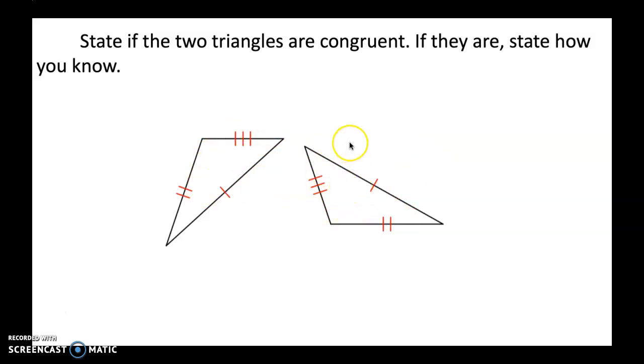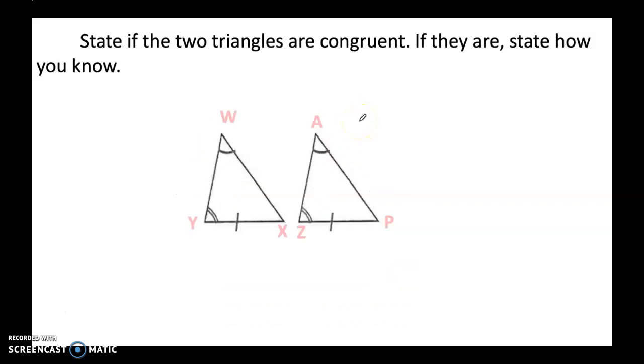Therefore, the two triangles are congruent using the SSS postulate. Next, we have two angles and a non-included side congruent to those of another triangle. Therefore, the two triangles are congruent using the SAA theorem.